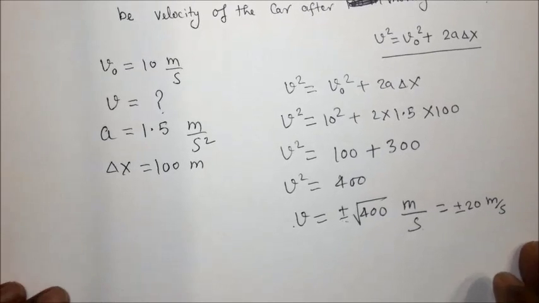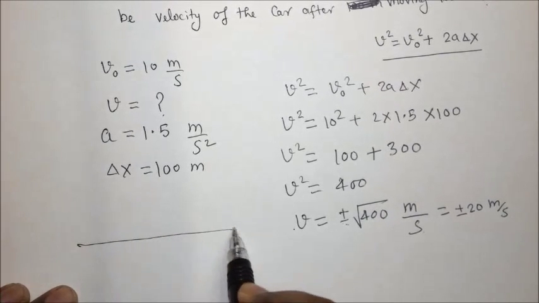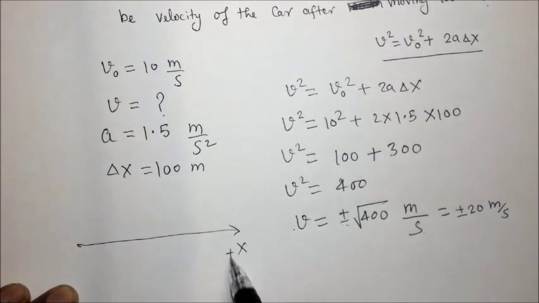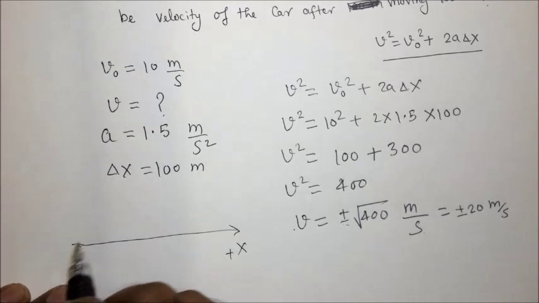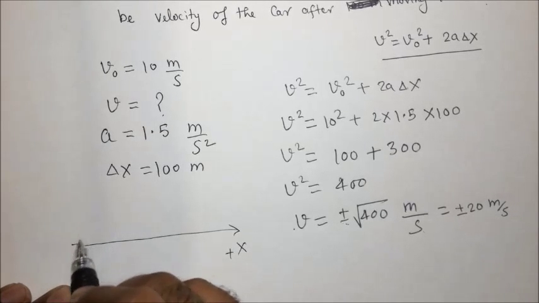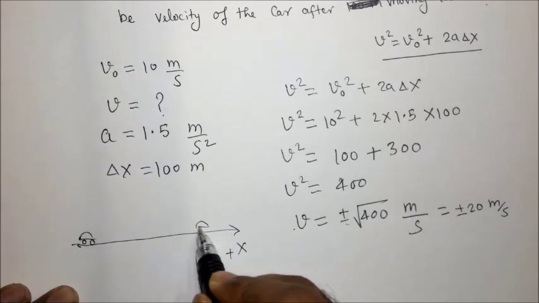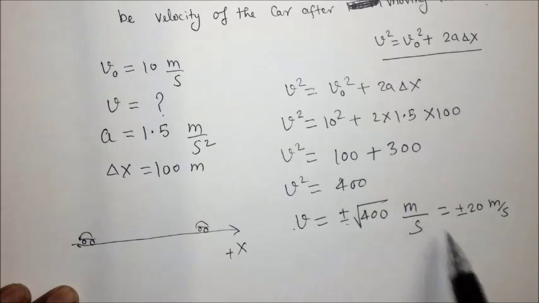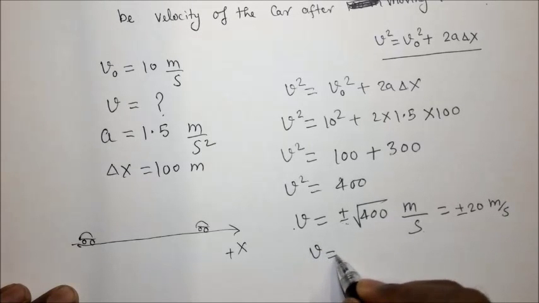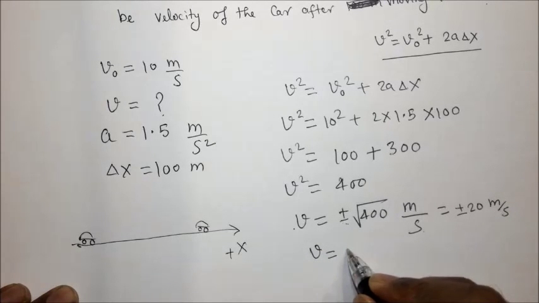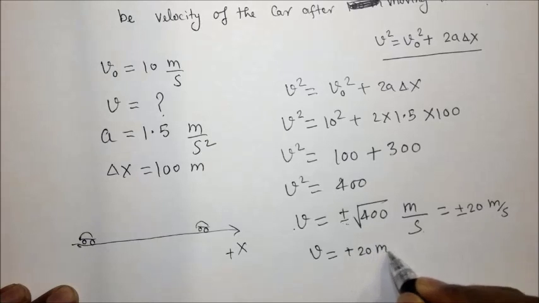Now you have to decide which one is the correct one. If the car is traveling in the plus x direction, then we have to take the positive value. V final is equal to plus 20 meters per second.